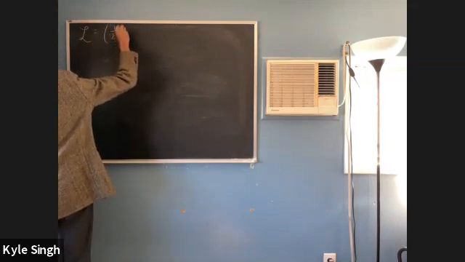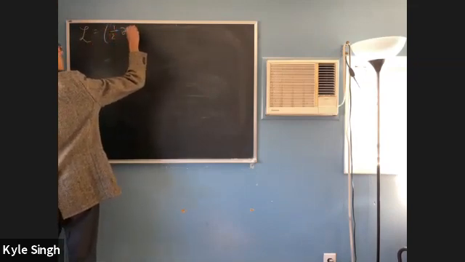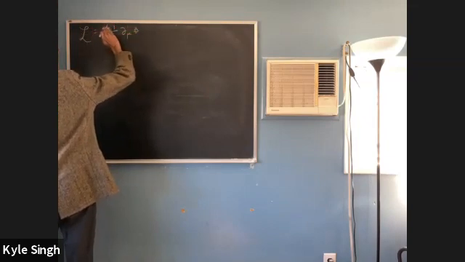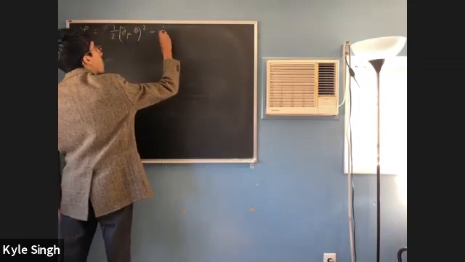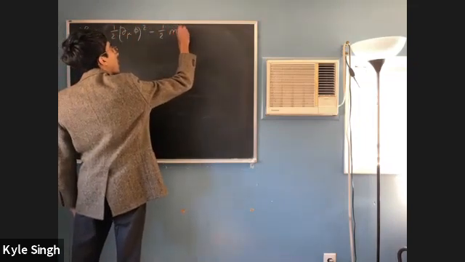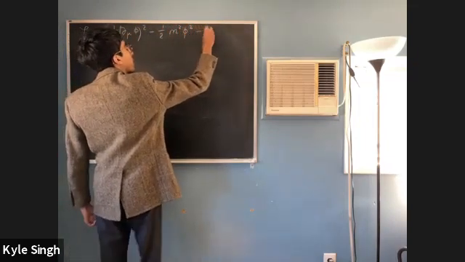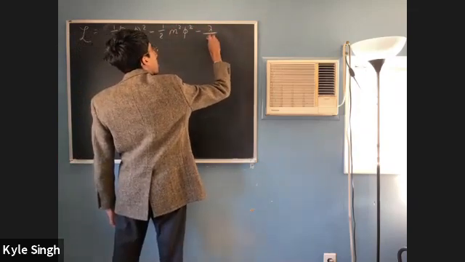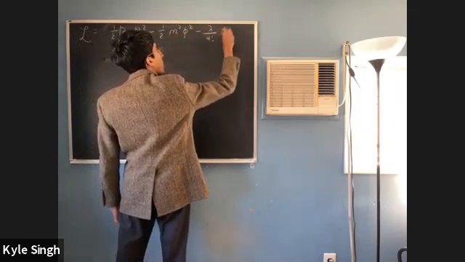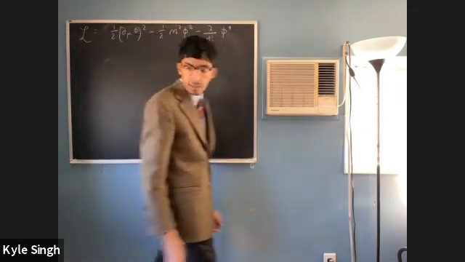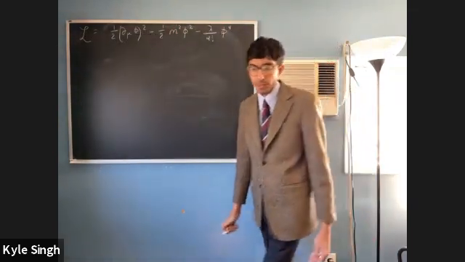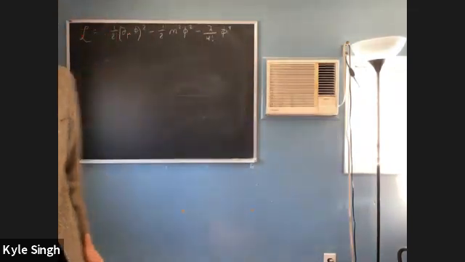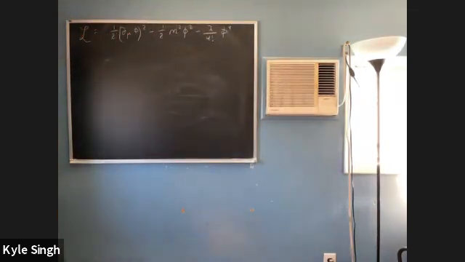Well, that's just 1/2 d mu phi squared minus 1/2 m squared phi squared minus lambda over 4 factorial phi to the fourth, right? That's our standard Lagrangian for phi to the fourth theory.